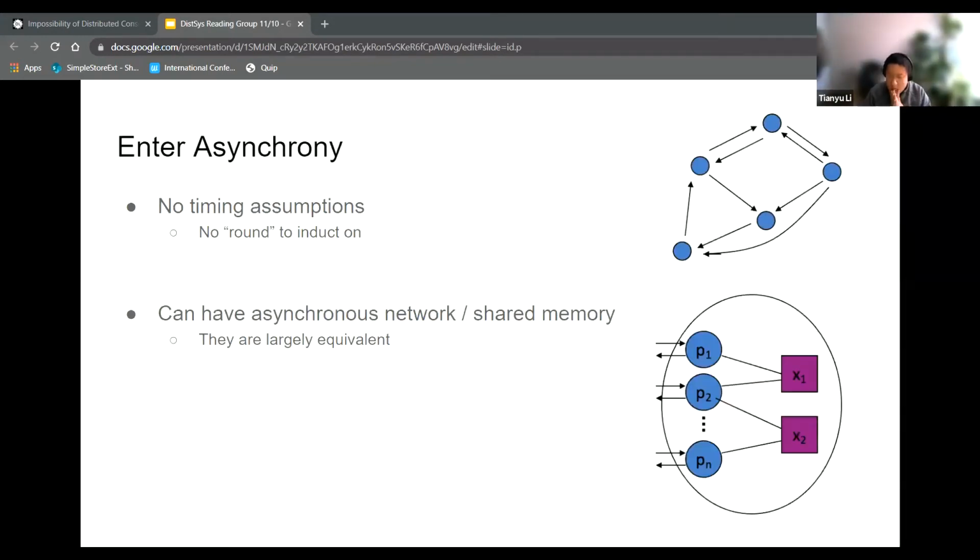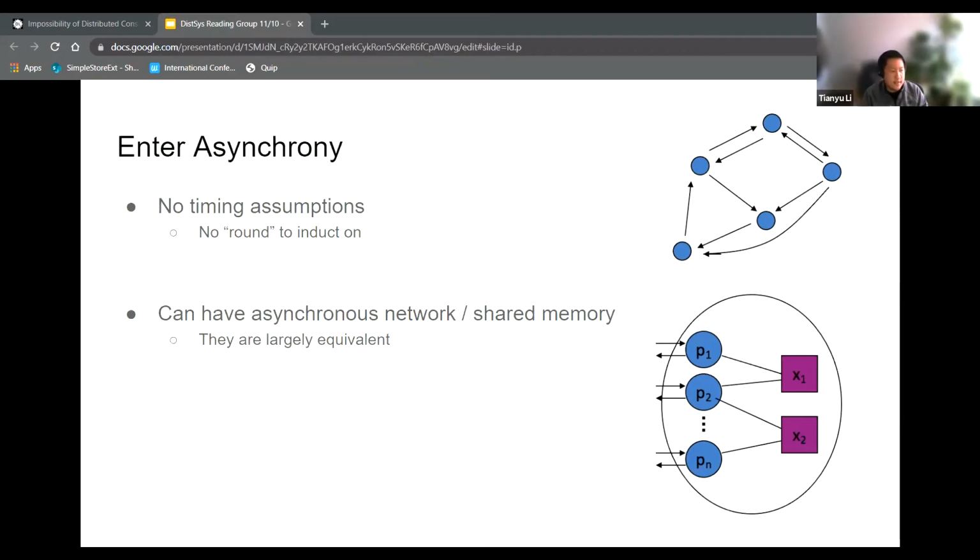So this is where the topic of asynchrony pops up in consensus. A lot of the time, if you are well-versed in the formal literature around synchronous networks, the proof method of choice there is induction on the number of rounds. It's pretty clear that everybody starts out at some initial state, they agree on going to the next round, some messages get sent, and the natural thing to do is induction on those rounds.